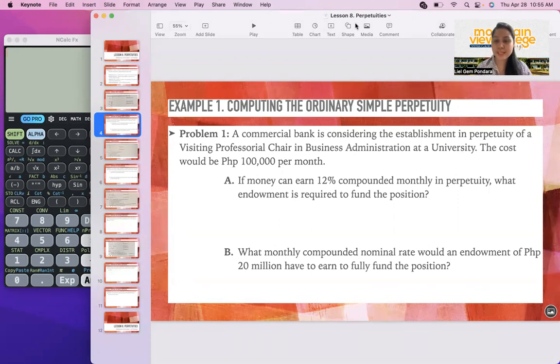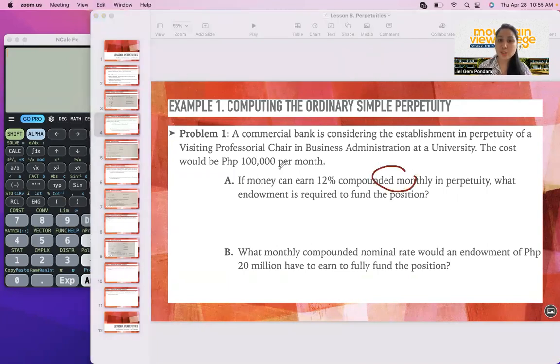Let's check first if it is a simple perpetuity. To check, remember that it's compounded monthly and it's also given every month.